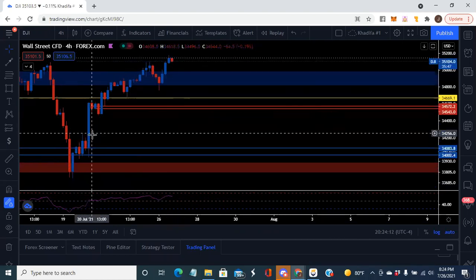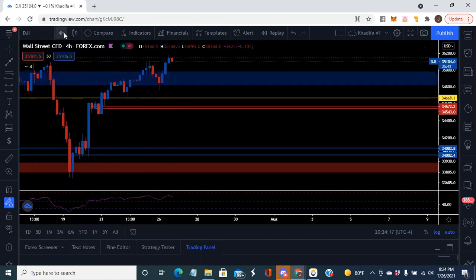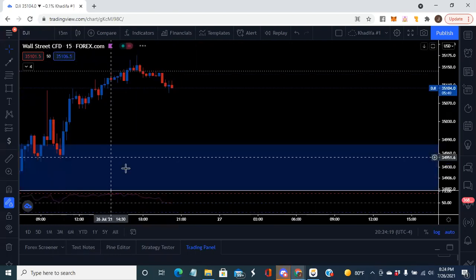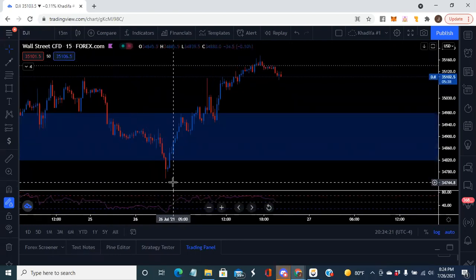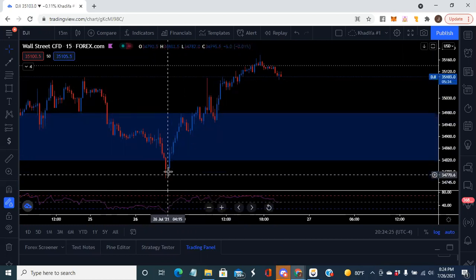We have imbalance right here, imbalance here. So we go down to the 15-minute, you can see that imbalance here, that imbalance here.